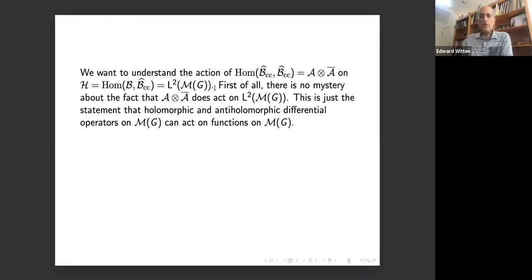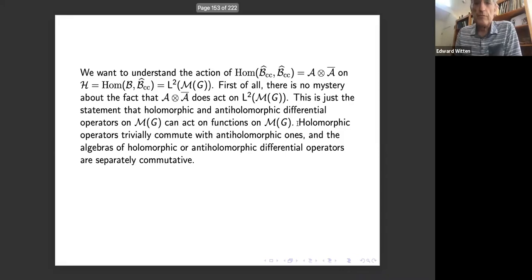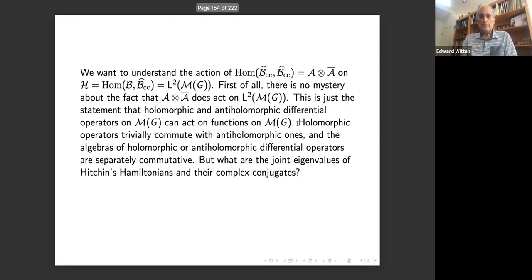That's just the statement that holomorphic and anti-holomorphic differential operators on M of G can act on functions, or more accurately, half densities on M of G. Holomorphic operators trivially commute with anti-holomorphic ones, and the algebras of holomorphic and anti-holomorphic differential operators are separately commutative. But what are the joint eigenvalues of Hitchin's Hamiltonians and their complex conjugates? To answer this question, we'll apply duality.